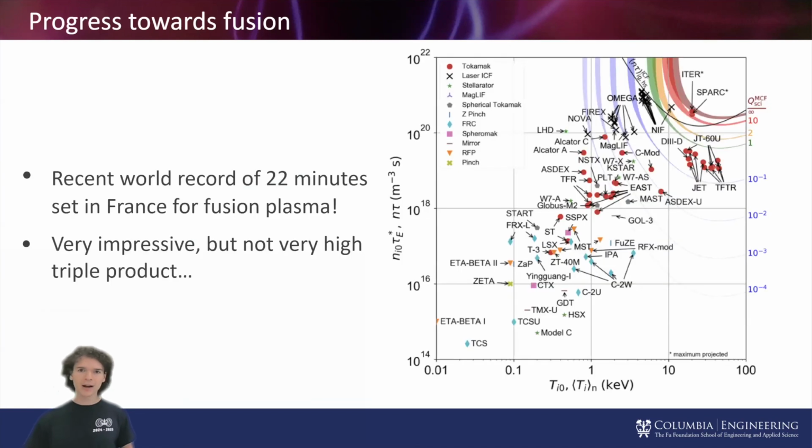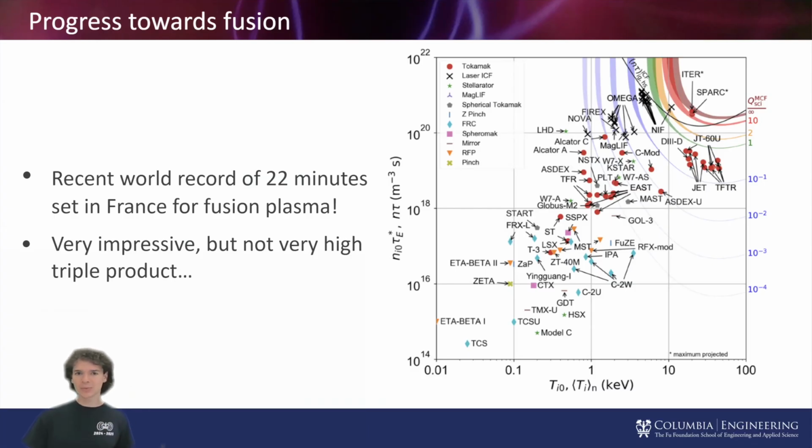And a little bit more complicated graph. Sorry, there was actually a mistake on the last slide. There was a world record of 22 minutes recently set in France for fusion plasma in a tokamak. That was very impressive, but actually wasn't a super high triple product.